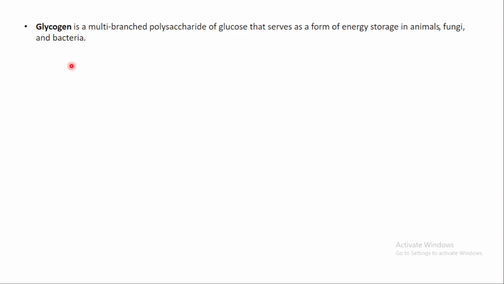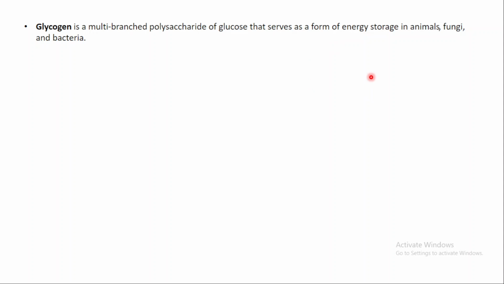And it is a branched polysaccharide, which means the polymer is not linear. At some points of the polymer, there are branchings of molecules. But it is a homopolymer. Homopolymer means it is only constituted of glucose. There is no fructose inside glycogen. So glycogen is made up of only glucose units, but which are branched, and it is serving as a form of energy storage.